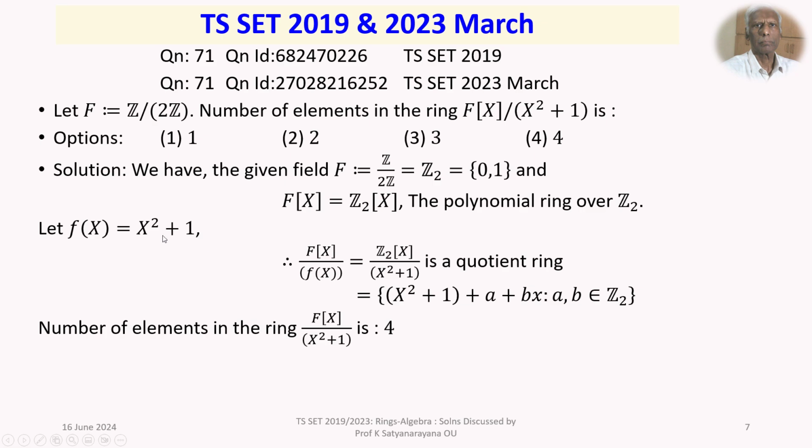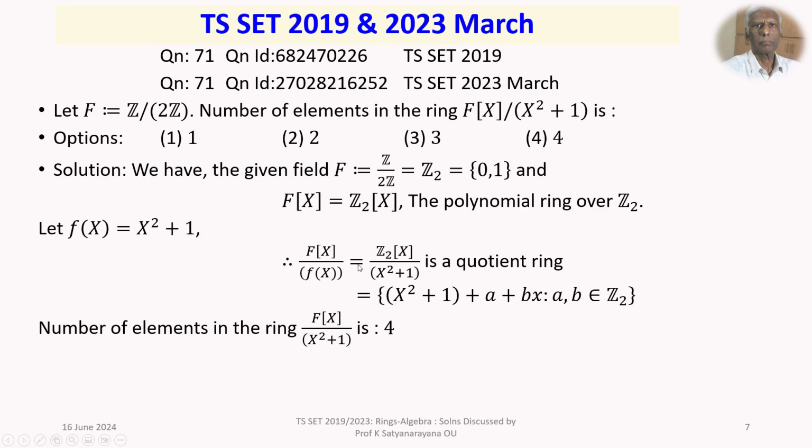Mind you, here this polynomial x square plus 1 is reducible over Z2. Why? If you substitute x is equal to 1, we get 1 plus 1, 2, and modulo 2 is 0. So it is reducible. It is not irreducible.